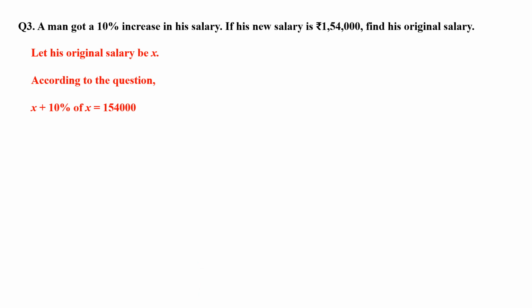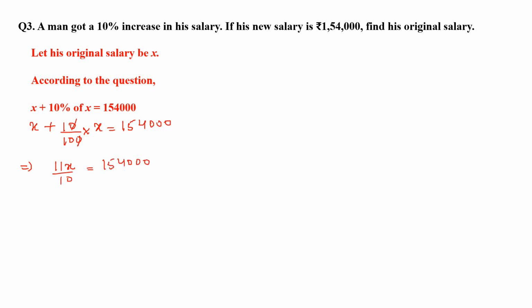Now from here, I have to solve it. So it will be X plus 10% means 10 by 100 into X equal to 1,54,000. I have to simplify it, and if you take LCM from here, you are going to get 11x by 10 equal to 1,54,000.